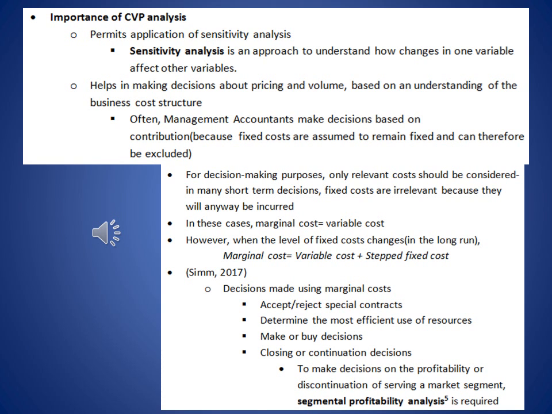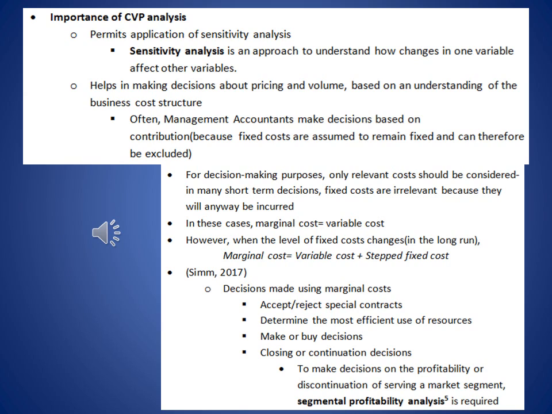Considering the importance of CVP analysis, CVP analysis permits the application of sensitivity analysis. Sensitivity analysis is an approach to understand how changes in one variable affect other variables. Not only that, CVP analysis helps in making decisions about pricing and volume based on an understanding of the business cost structure.